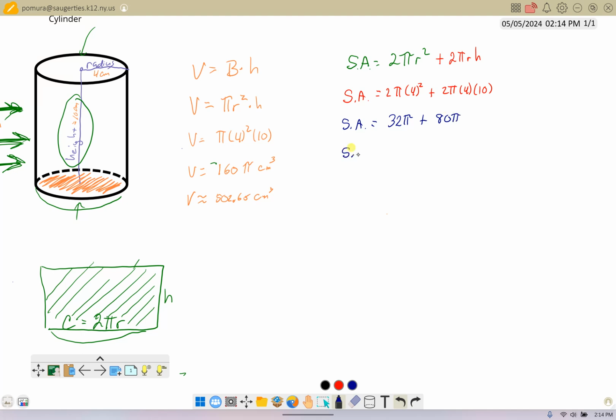So 32 pi plus 80 pi is 112 pi, and it's centimeters squared.